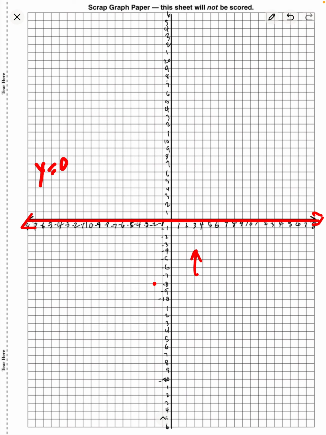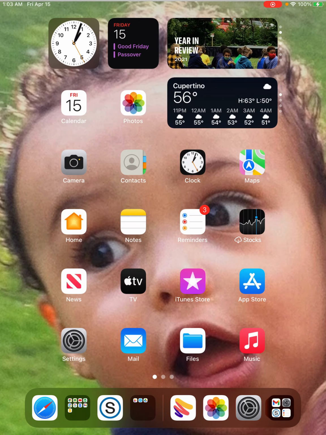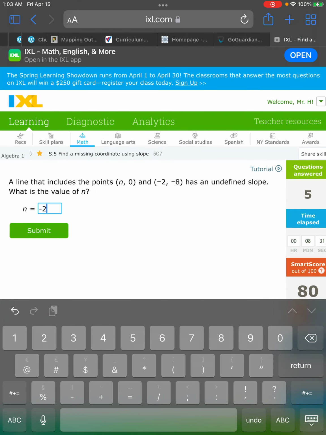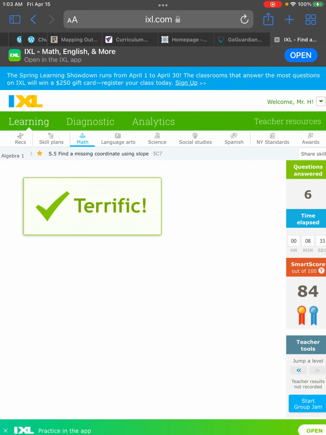So I should just draw a vertical line going through there. So the point is going to be -2, 0. That's what we need. So if I go back to IXL and I put in -2, it says terrific.